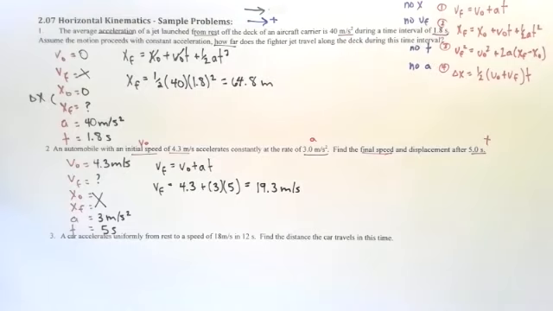Finally, a car accelerates uniformly from rest to a speed of 18 meters per second in 12 seconds. Find the distance. There's my question word or my command. The car travels in this time. So if I write out my variable bank, v sub o, v sub f, x sub o, x sub f, a, and t.